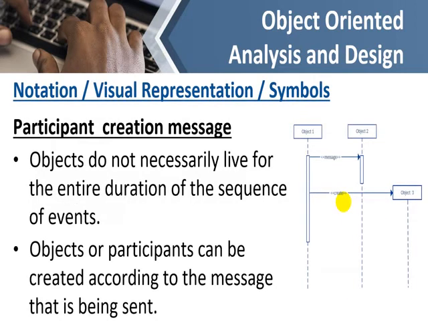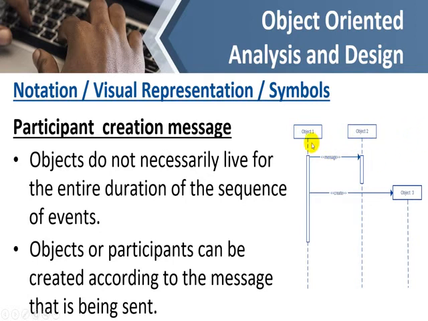Participant creation message. Objects do not necessarily live for the entire duration of the sequence of events. So that means, in fact, this object will not remain for all the time. Similarly, when these two objects, one and two, were talking to each other, sending and receiving the messages, object 3 was not there at that time.